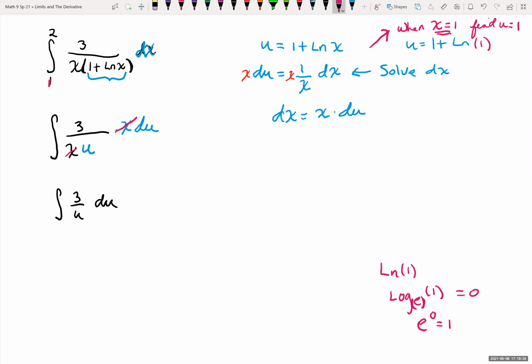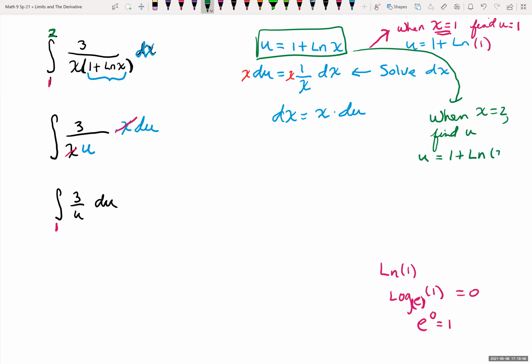Now we have to look at when x is 2. When x equals 2, we want to find u. Substitute it back in here. We get that u is equal to 1 plus the natural log of 2.